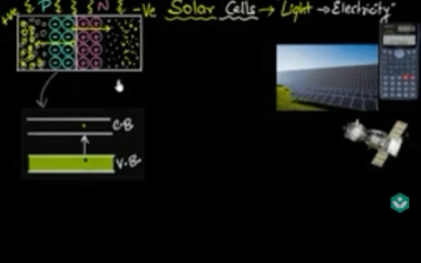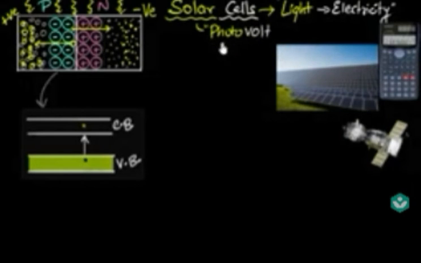And now notice a voltage is generated between these two sides. This is how in solar cells we use light to generate voltage, and that's what we call the photovoltaic effect. Let me write that down. The name makes sense: we are using photons to generate voltage. Photovoltaic effect.